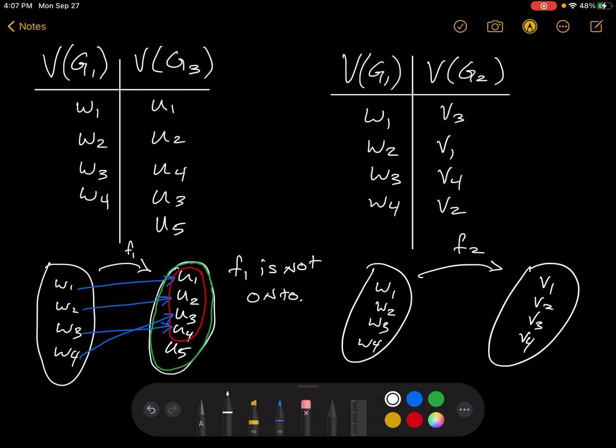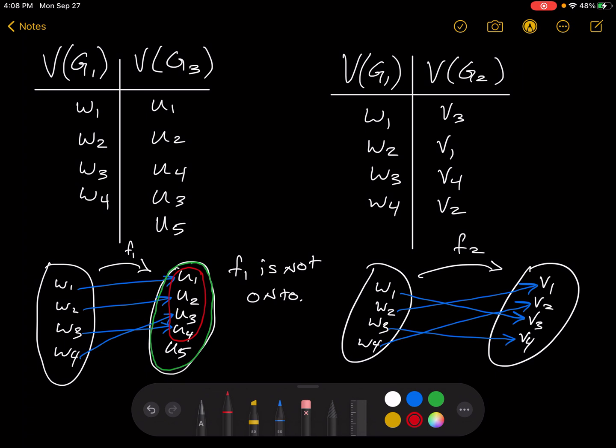Now let's determine whether or not f2 is onto. So from the table, I can see that W1 goes over to V3. W2 goes over to V1. W3 goes over to V4. And W4 goes over to V2.